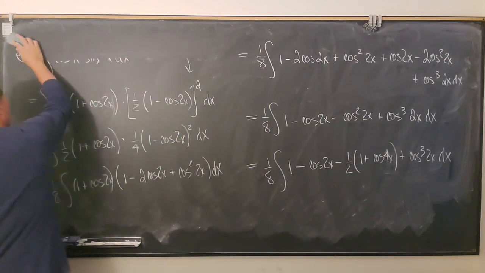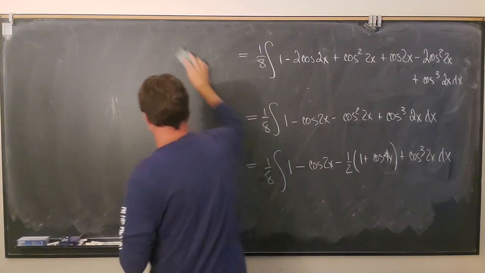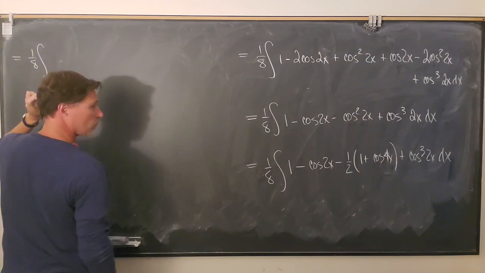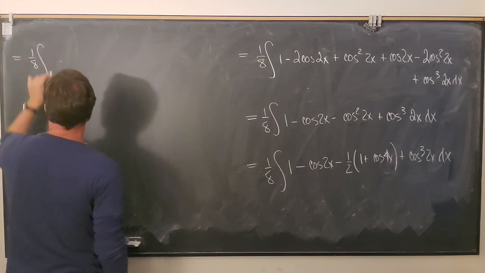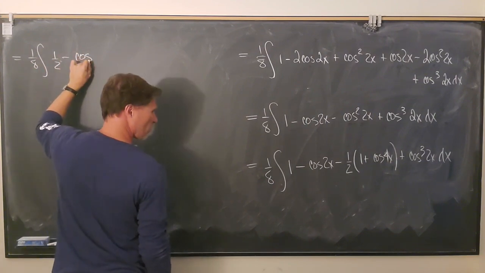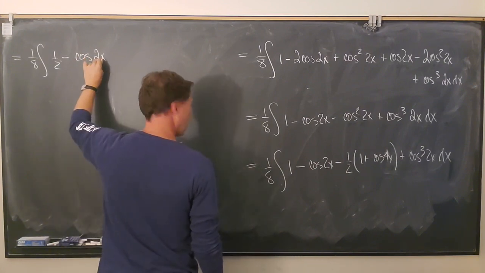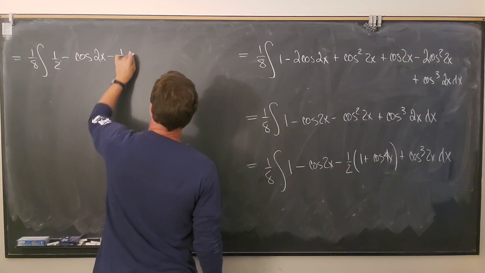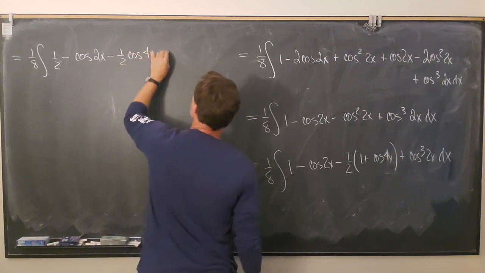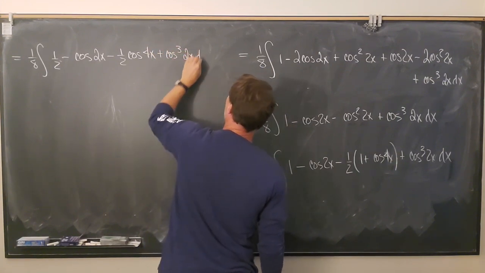So let me do one more step in the simplification process. This becomes a 1/8 integral. So this will be a 1/2 minus cosine 2x minus 1/2 cosine 4x plus cosine cubed 2x dx.